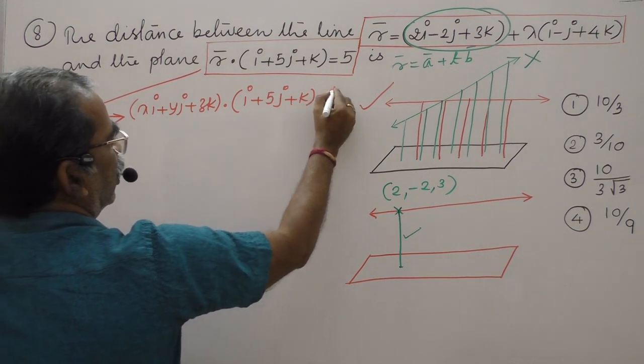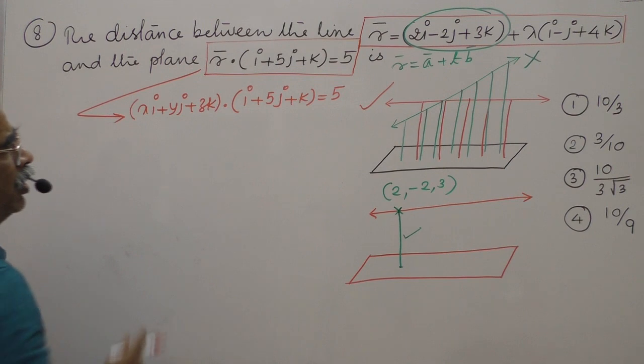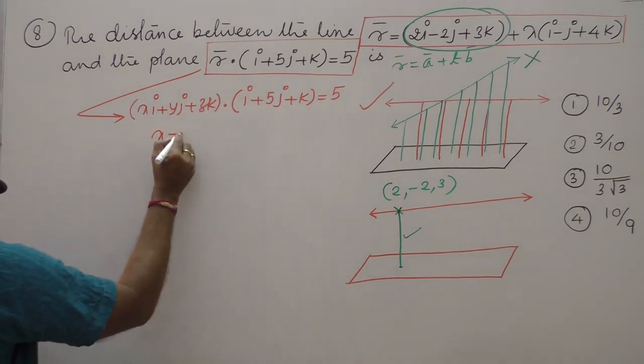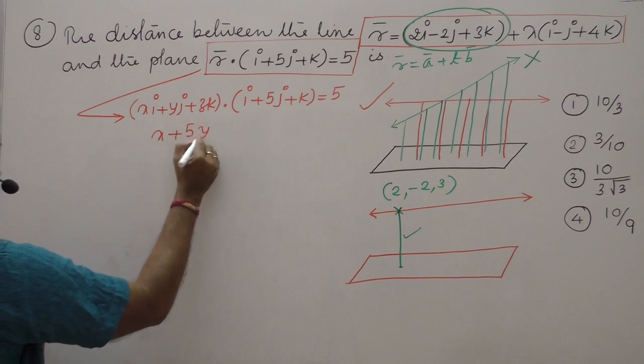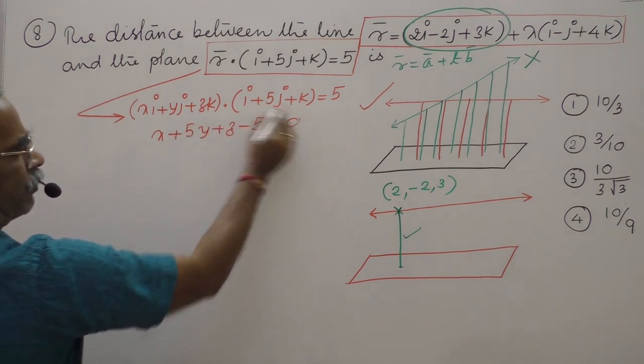You will get an equation in terms of x, y, z, which will be the Cartesian form. So what will we get? x plus 5y plus z equal to 5 or minus 5.